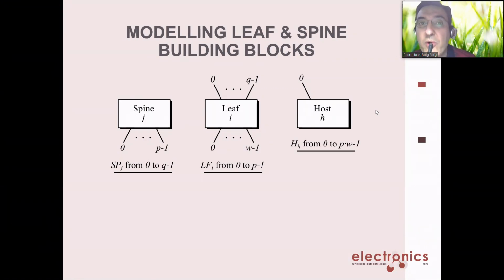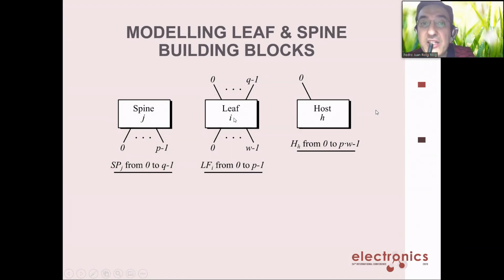Well, let's go for the modeling of leaf and spine building blocks. First, we have the spine switches. We have Q switches going from 0 to Q minus 1, counting from left to right. Each spine switch has lower ports going from 0 to P minus 1, also left to right. Then we have leaf switches. We have P leaf switches going from 0 to P minus 1 from left to right.